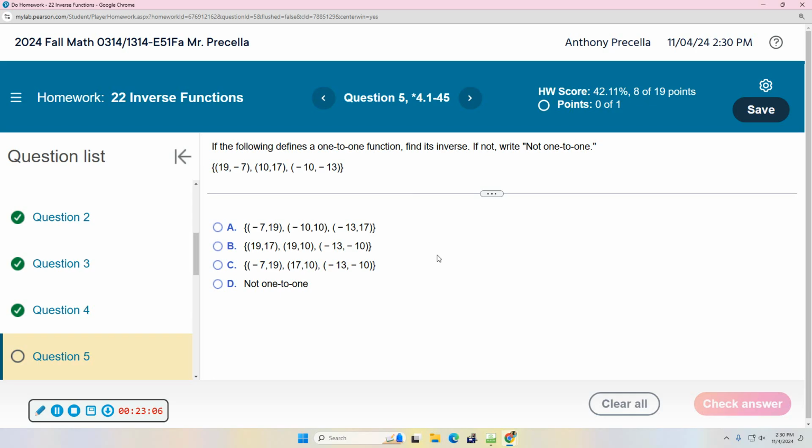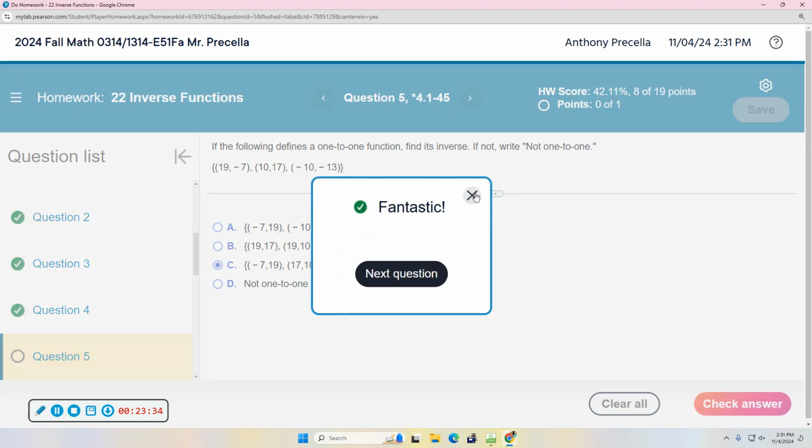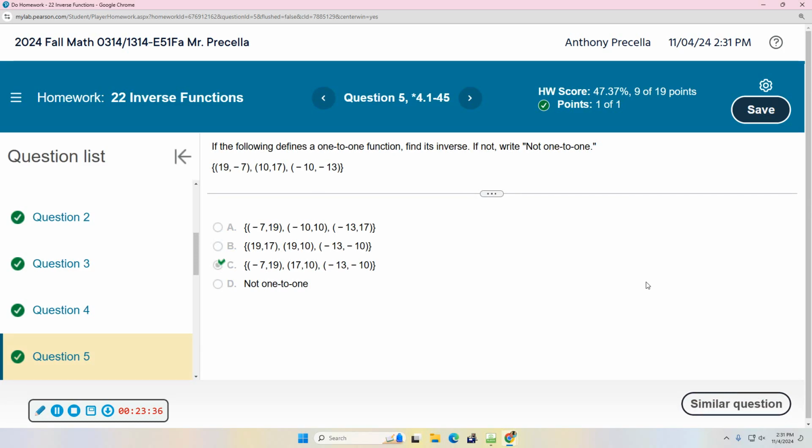Yes. So let's find the inverse. 19, -7. That should become -7, 19. So it's either A or C. What about 10, 17? What does that become? 17, 10? I think it's got to be C. -10, -13. Reverse the X and Y. I think it's response C. Any questions there?